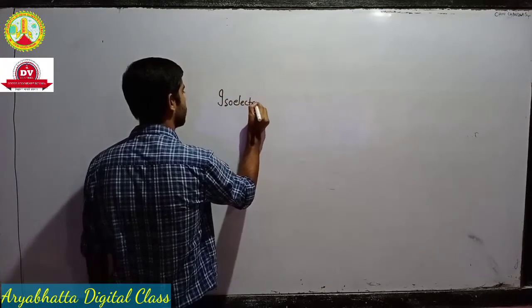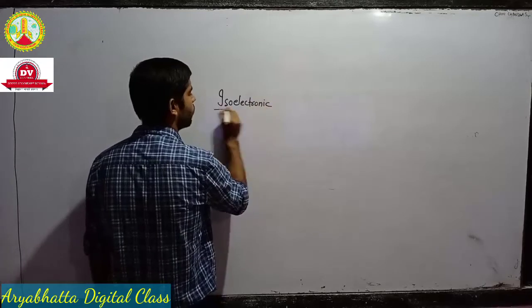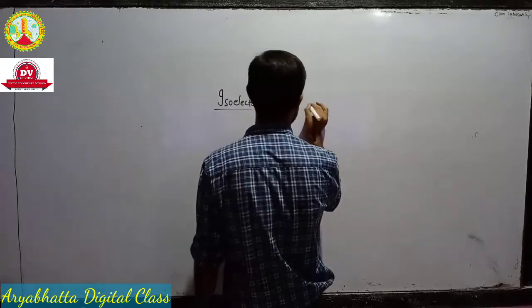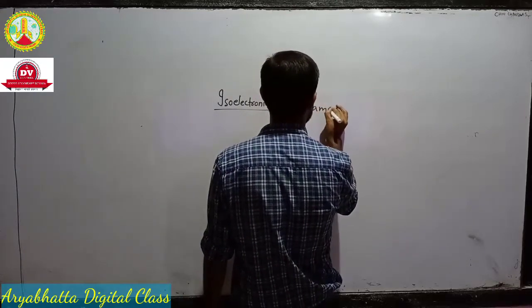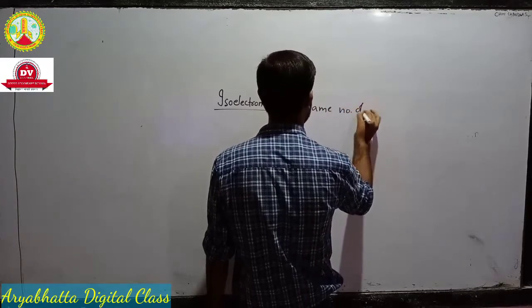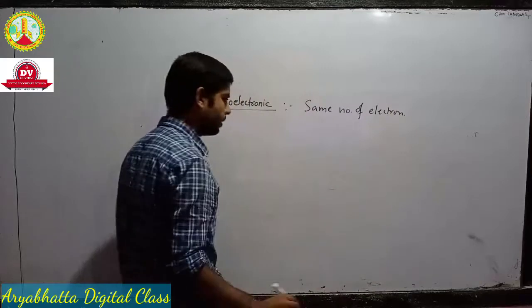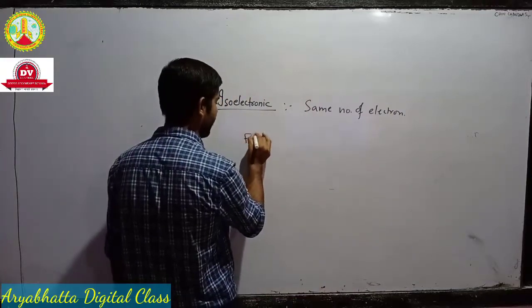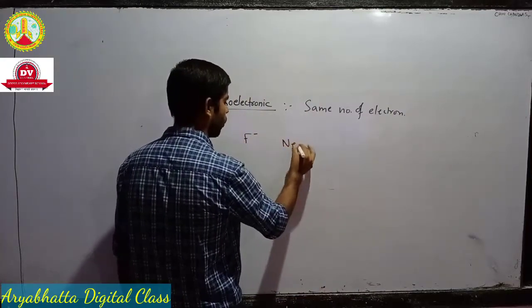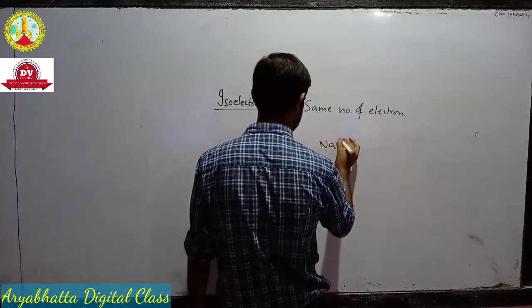Okay, now there is one more species that is called isoelectronic. Isoelectronic means same number of electrons. Like suppose I have fluorine negative, neon and sodium positive.